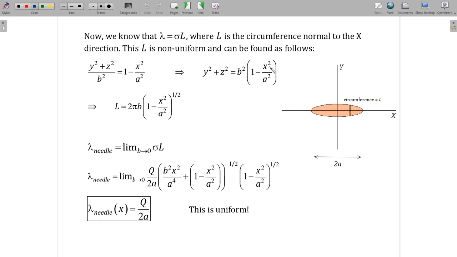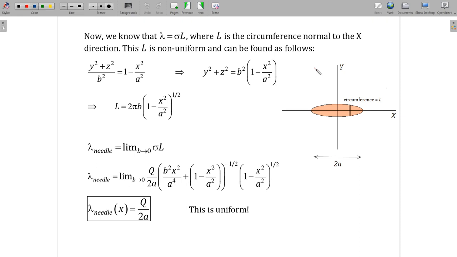As soon as you fix the value of x in this equation, that is equivalent to saying that you are cutting the ellipsoid with a plane perpendicular to the x-axis, because on that plane the x coordinate of all the points is the same.